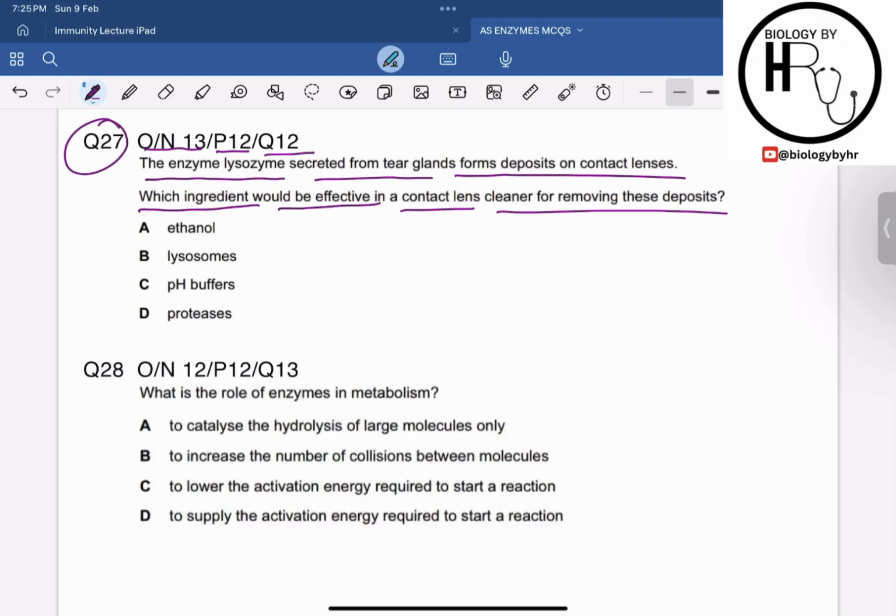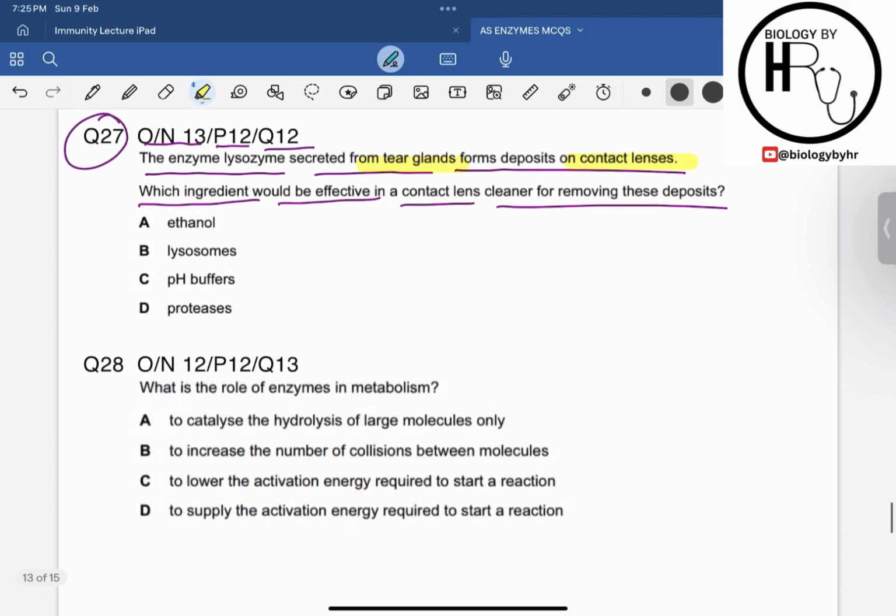Alright, so over here there is an enzyme, lysozyme, and they are saying that it is secreted from the tear glands and forms the deposits on the contact lenses, right? And as they form the deposits on the contact lenses, they may cause a disruption in the vision, right? So they are asking which ingredient would be effective in a contact lens cleaner for removing these deposits.